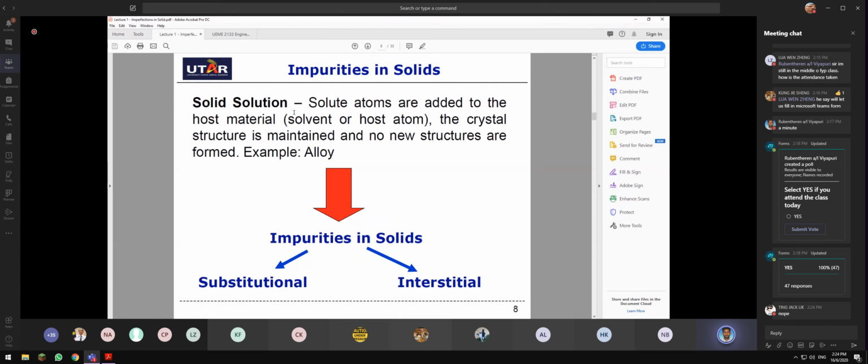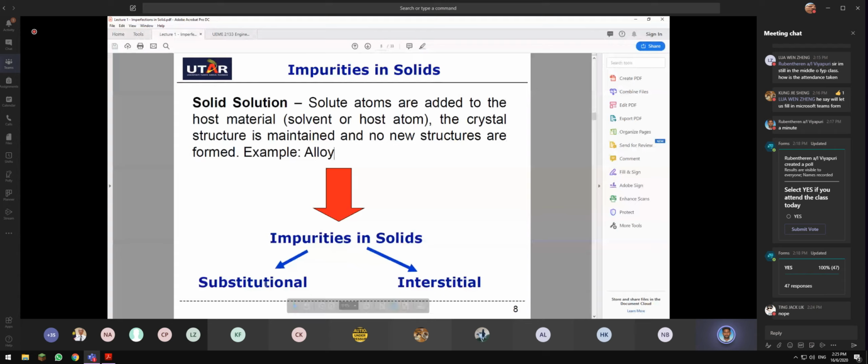This is where my research is all about. You have solid solution. Solute atoms are added to the host material, the matrix material, a solvent or host atom. The crystal structure is maintained and no new structures are formed. Example, alloy. You add something in the host material. That something can be anything, but there are rules you need to follow.